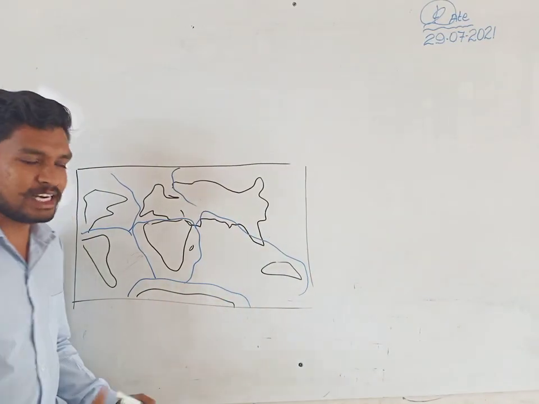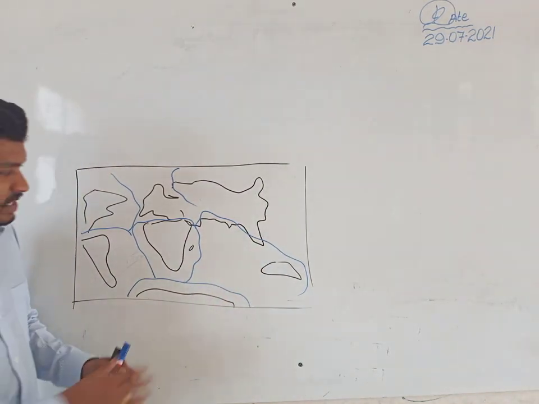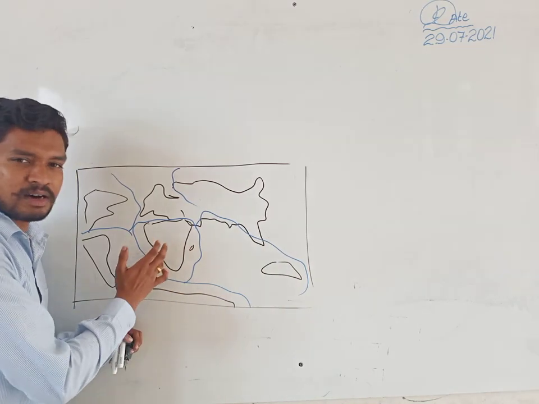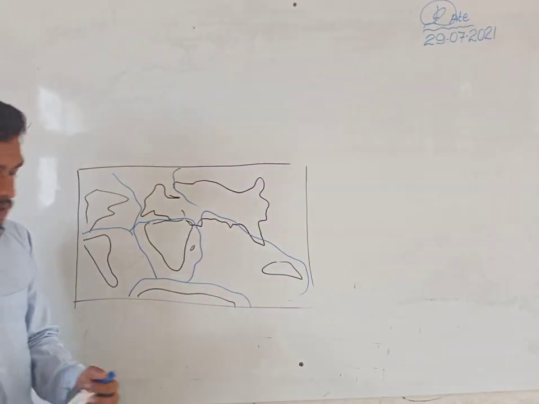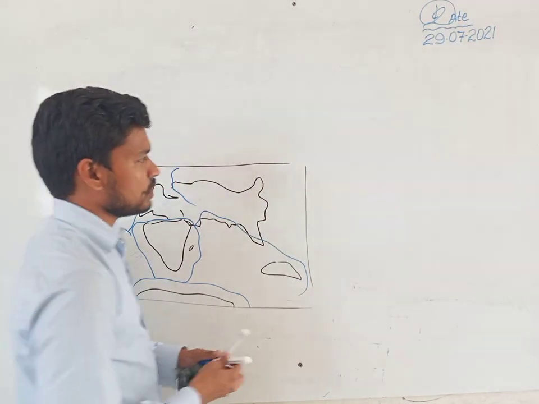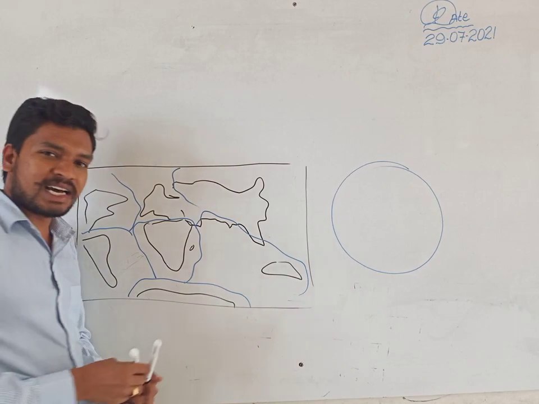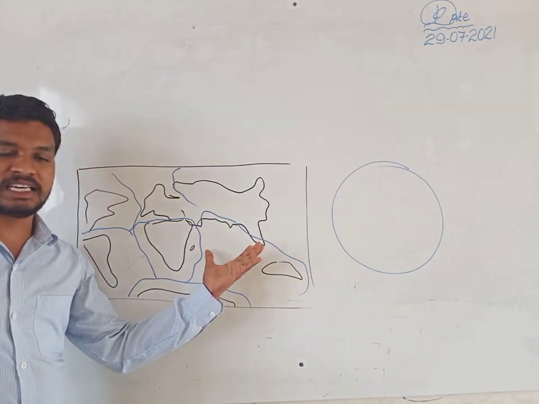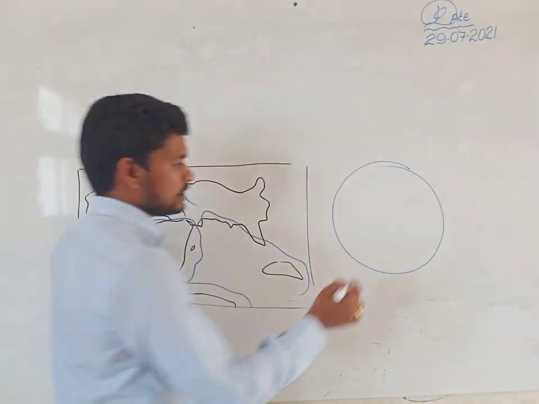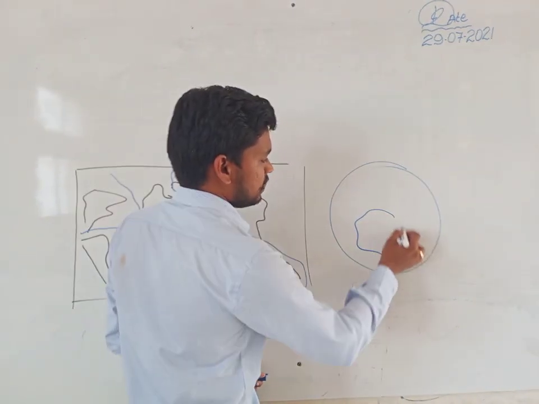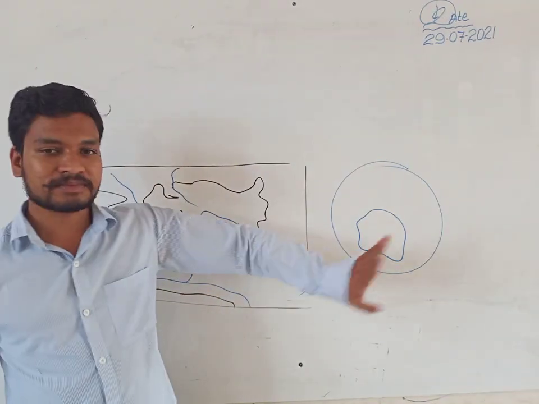How can we know whether it is broken or not? Because of movement. Earlier, the continents and countries were not like this, 100 crore or 200 crore years ago. All the continents were gathered together as one landmass.